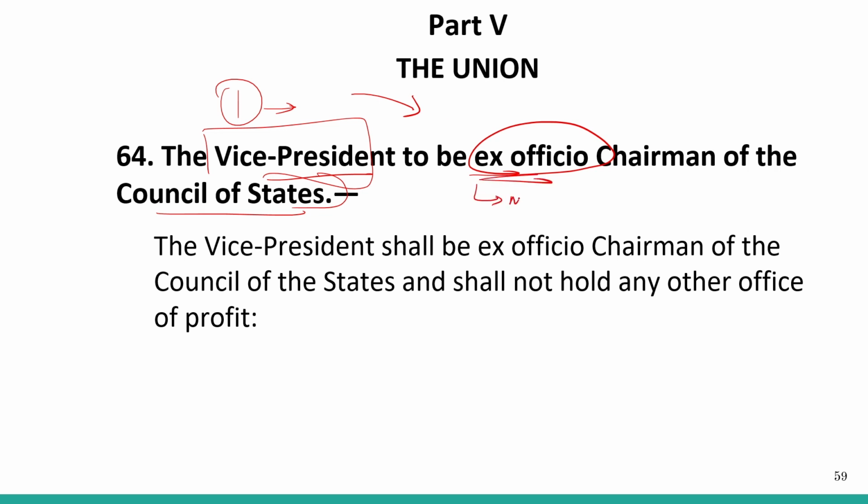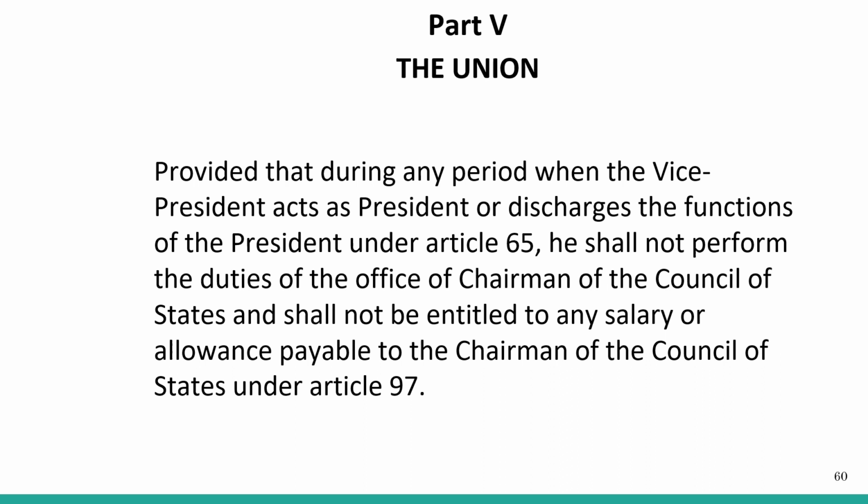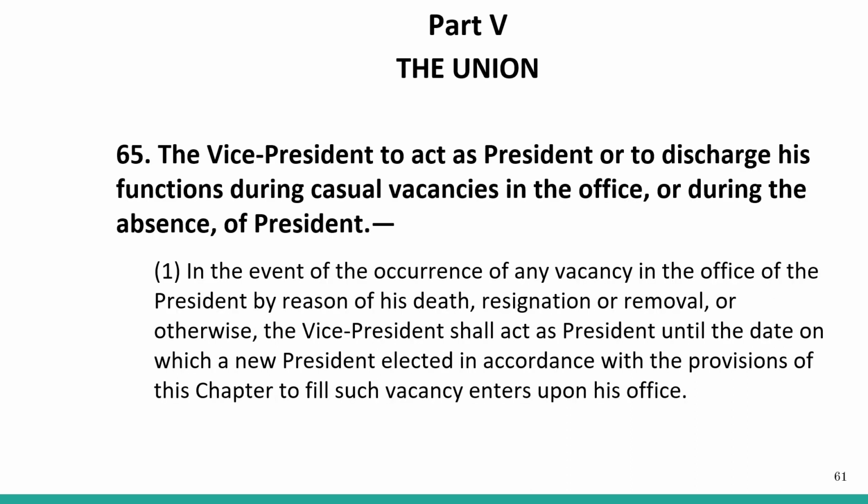That he might not be present in the Council of States, but he will serve as the chairman of that house, and shall not hold any office of profit. The same way it was mentioned for the qualification of the president, it has been mentioned for the vice president of India.